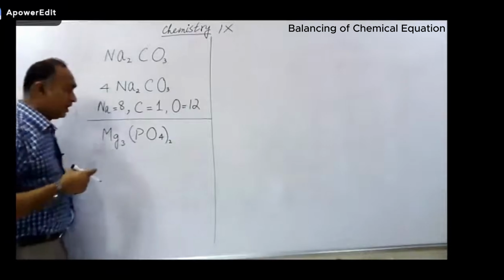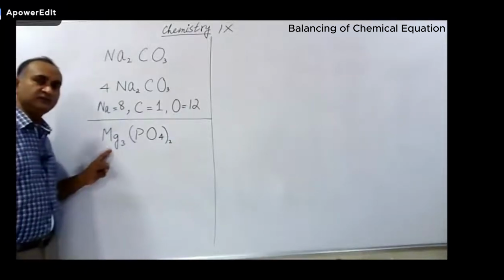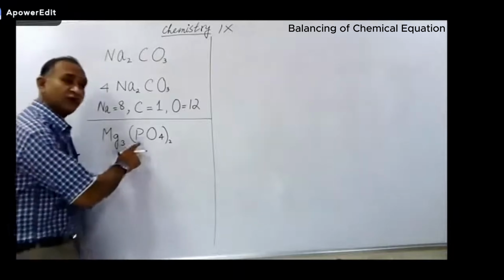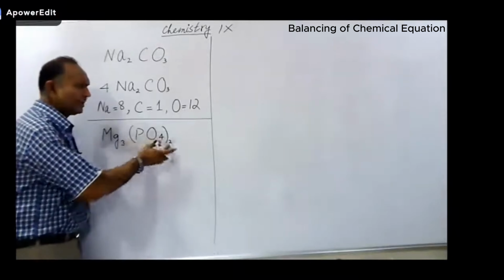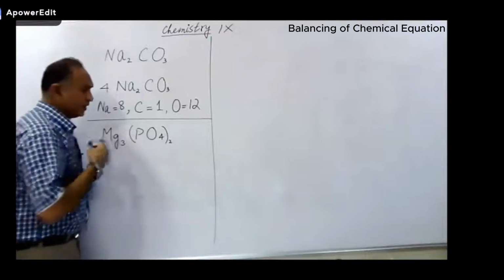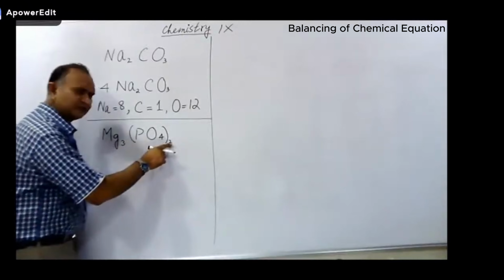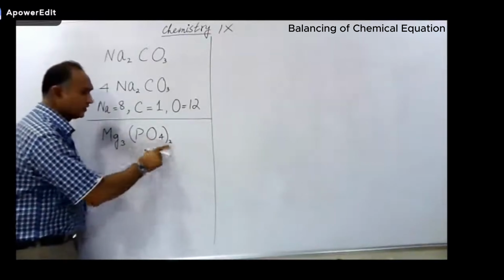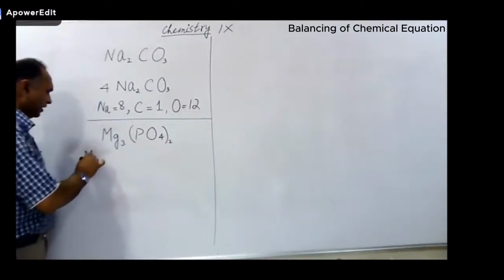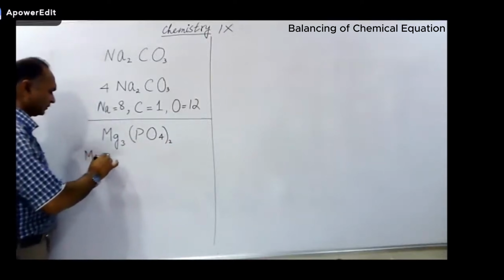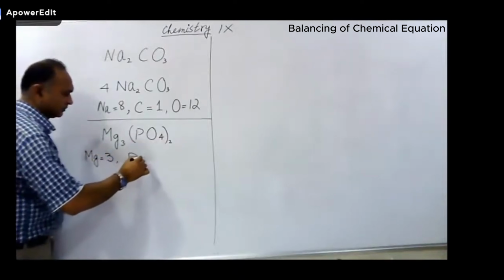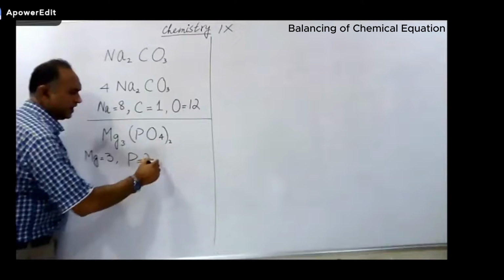Asking you the question, how many magnesiums? 3. How many phosphorus? Phosphorus is inside the bracket. So, recalling your memories, this little subscript 2 should be multiplied with this. 2 1s are 2. So I'll write here right now, there are 3 magnesiums, 2 phosphorus, 2 fours are 8 oxygens.